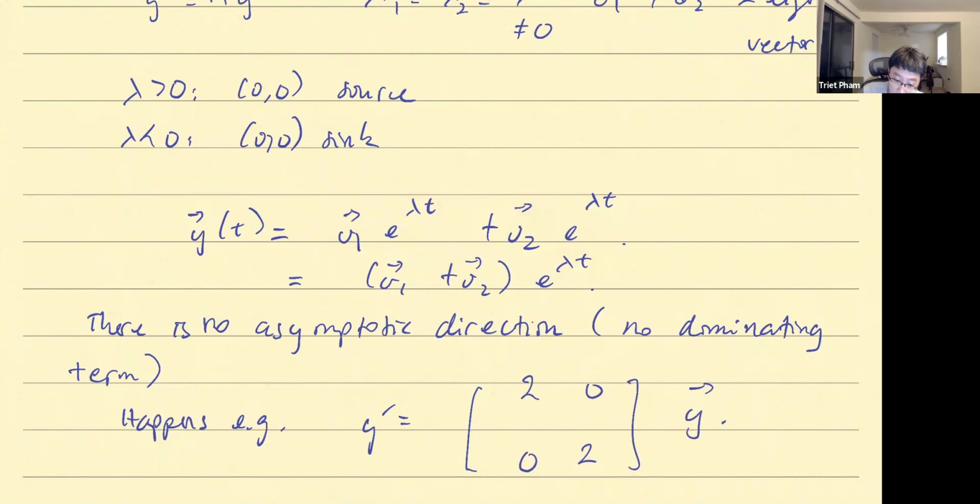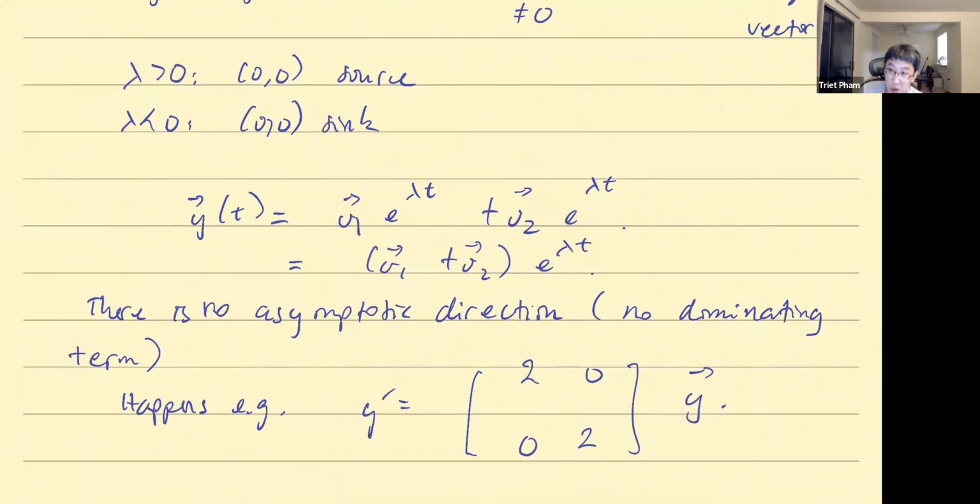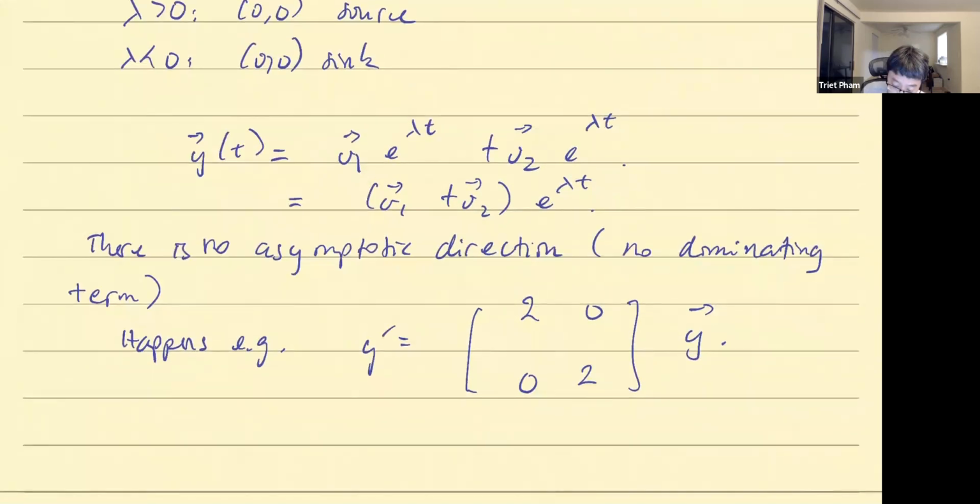But you see then, if you try to solve this out, this is just two separate single first order equations. So you got y1 equal to c1 e to 2t, y2 equal to c2 e to 2t, c1, c2 being arbitrary.